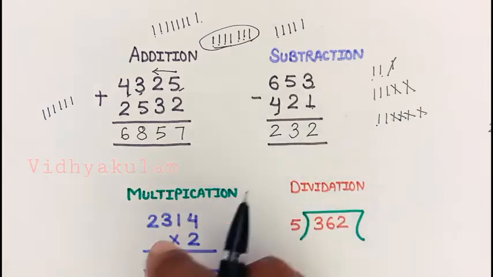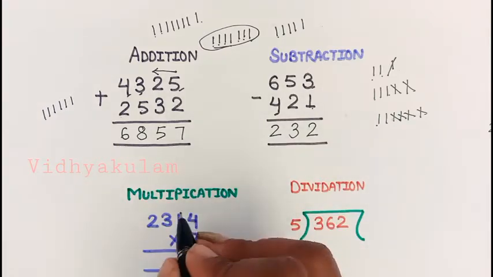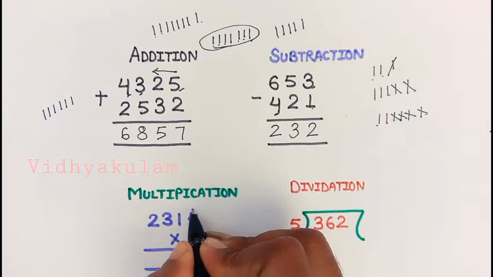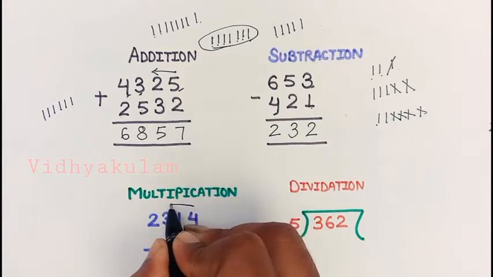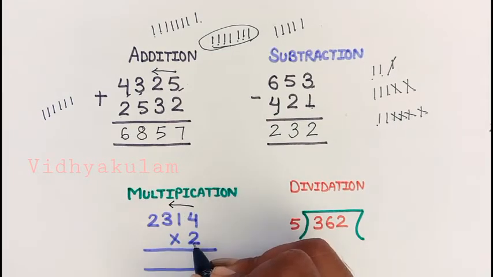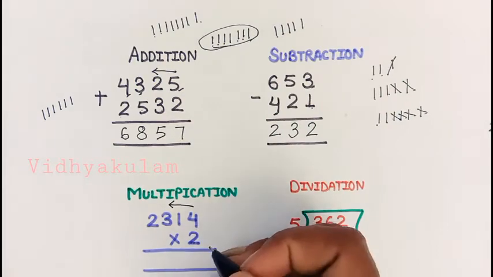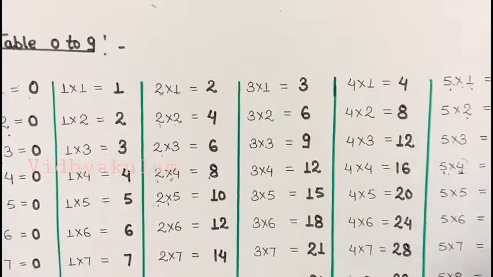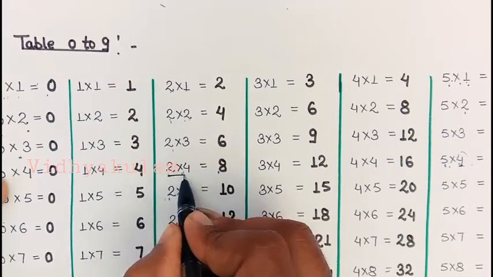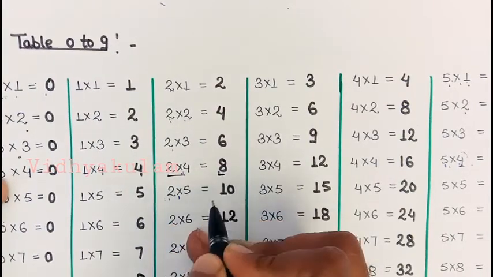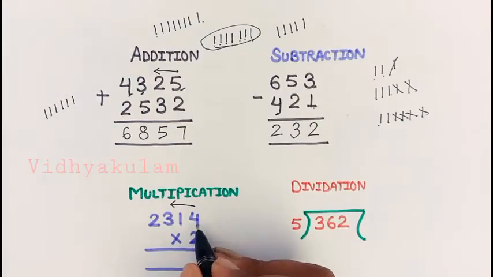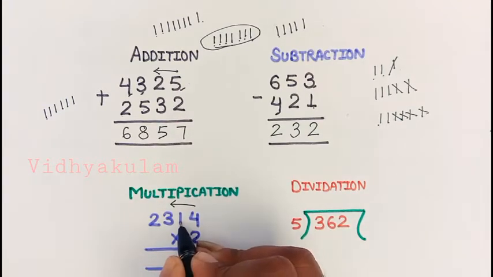Now we will start the multiplication question. Multiplication is always done from right to left. So first we will multiply 2 by 4. So 2 4 ja, what is 2 4 ja? 2 4 ja means 8. So 2 4 ja 8. Now the next one is 2 multiplied by 1.